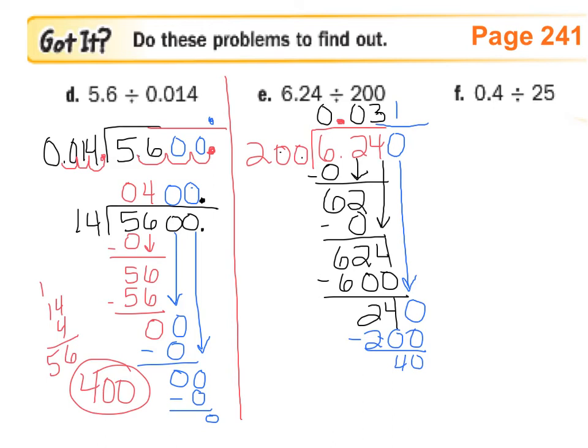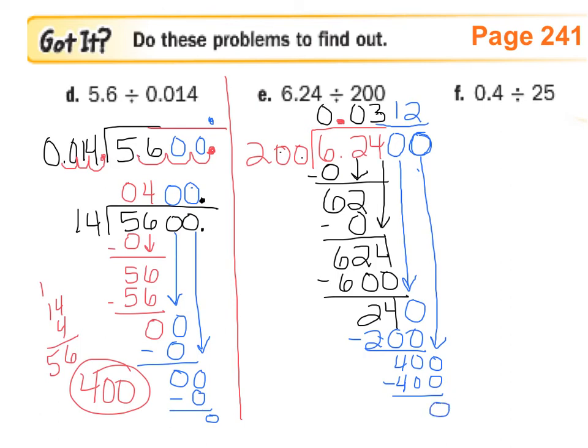So I still have a remainder. I should go another couple places to see if I can get this to work out. So if I add another 0 or annex another 0 up here and bring it down, I have 400. Hey, this works out nice because 200 goes into 400 2 times. 2 times 200 is 400. I subtract, and now I have no remainder.